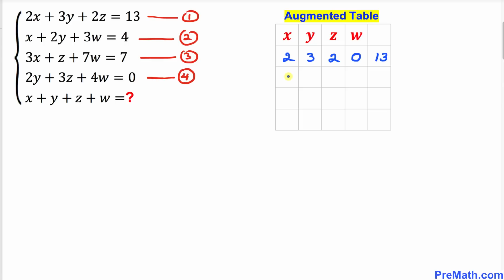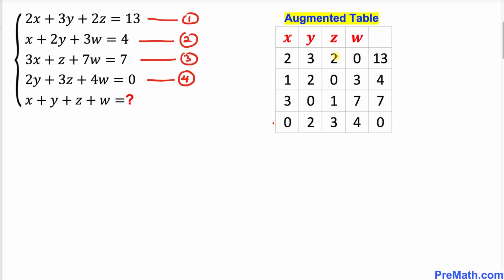I can write down 1, 2, then 0, 3, 4, and next is going to be 3, 0, 1, 7, 7. And finally for equation 4, since x is missing, I'm going to write down 0, then 2, 3, 4, and the right hand side is going to be 0.